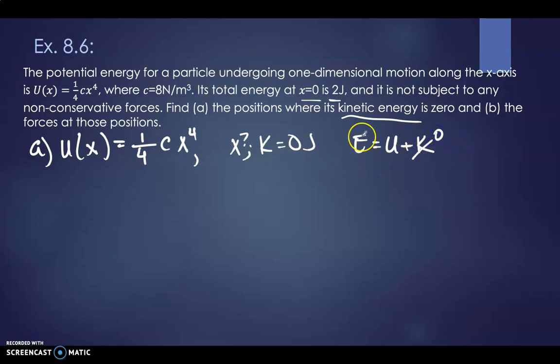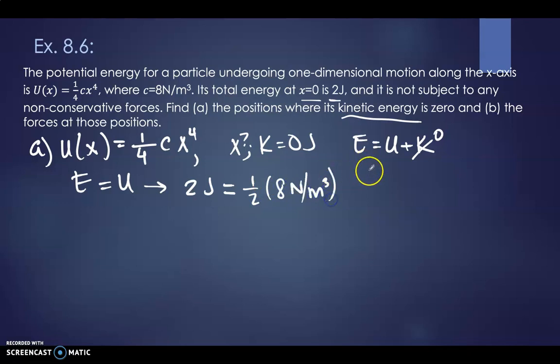So then our total energy, if this is 0, our E should equal U. We can determine this relation by using this point here, where we have 2 joules, which will be equal to 1/4 times 8 Newton per meter cubed times x to the 4th.